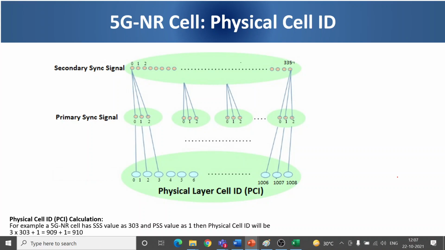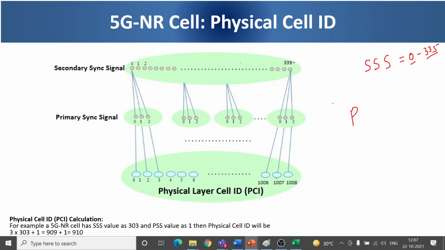Okay, now how to calculate the cell ID once you know those numbers? Just see this particular picture. When you decode SSS, you can get values from 0 up to 335. Based on the sequence pattern, the system will know the value of SSS, which can be from 0 to 335.